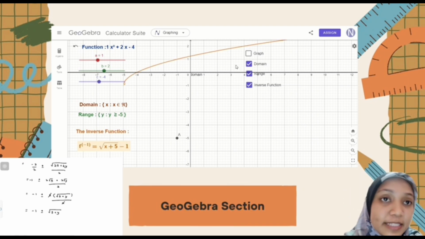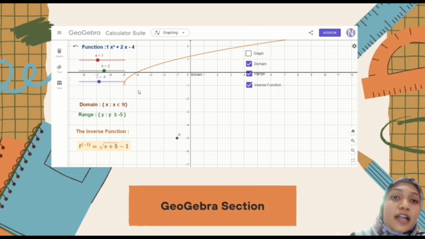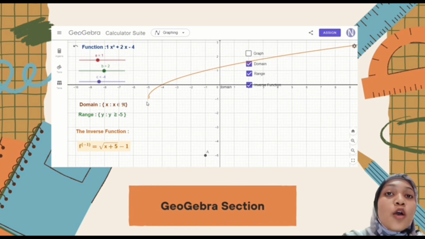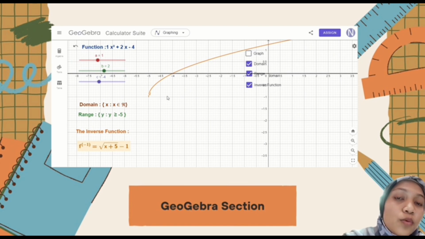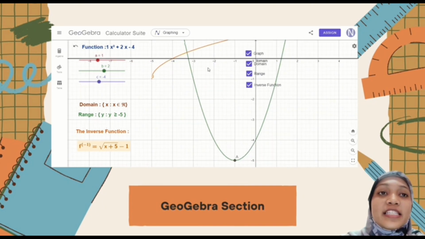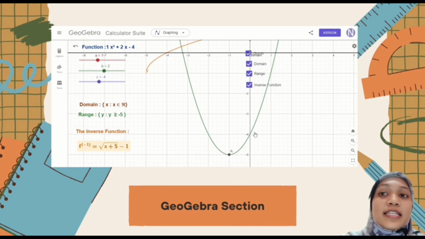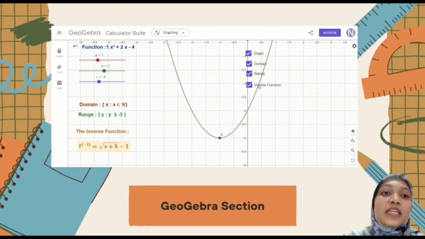Same as our worksheet, we get the answer. And for the graph, as the worksheet only shows the positive one, we can see our graph for the inverse starts at negative 1. And the graph for the original function is a smiley graph because it's positive, and the minimum point is negative 5.